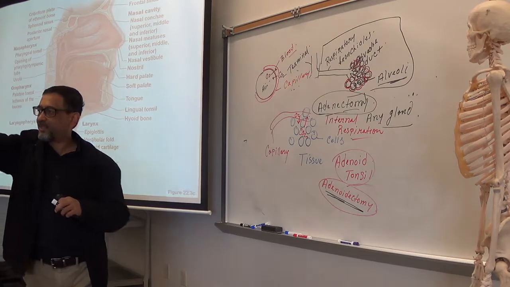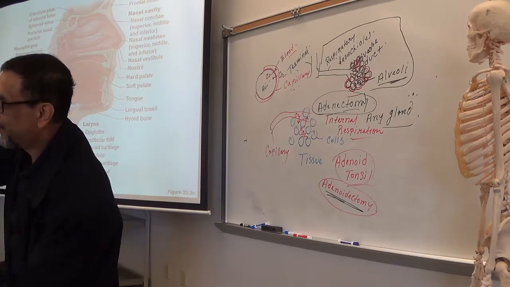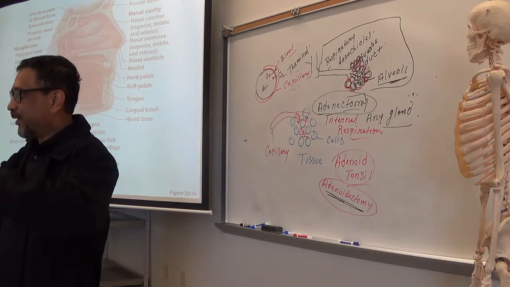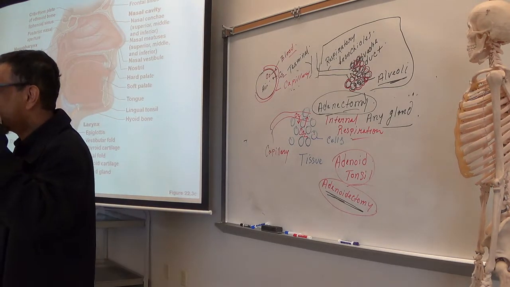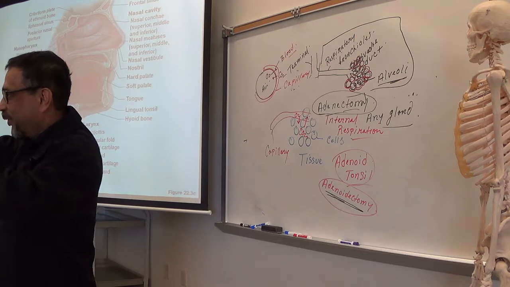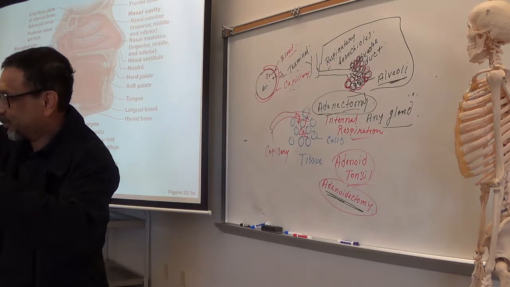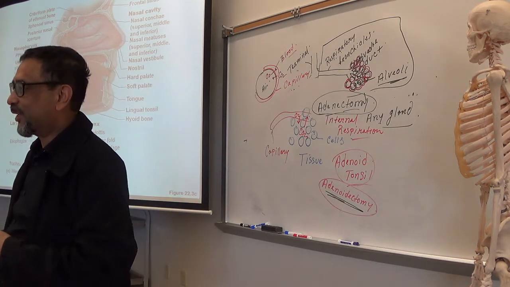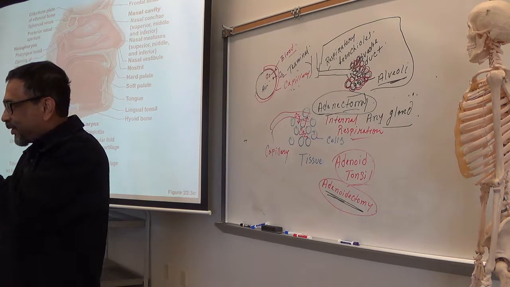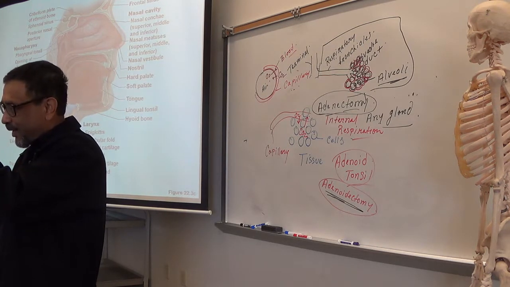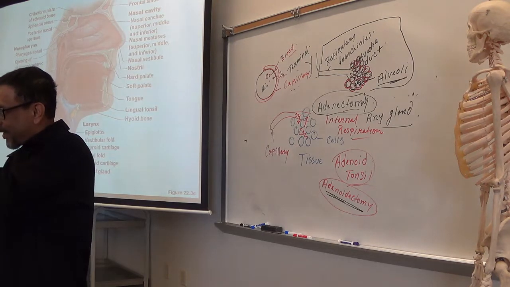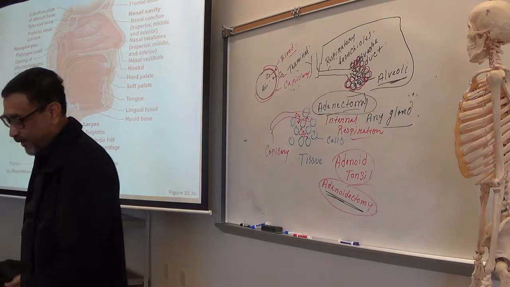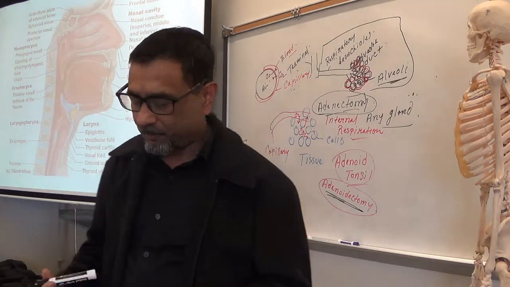These extended structures inside the nasal cavity help create turbulence of inspired air. When you inhale the air, it moves like this. That will mix the air, will allow the air to get contact with the mucosal lining, to get warm and moist.